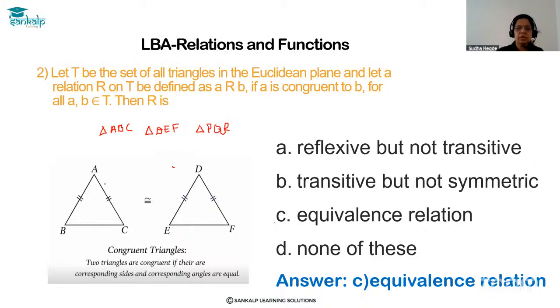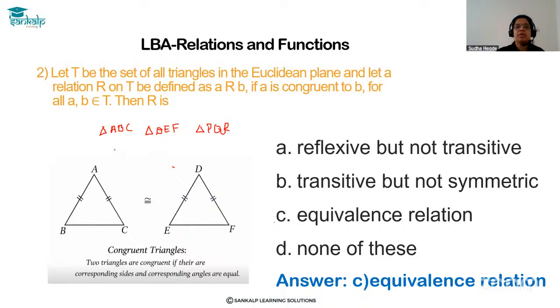So, what do you mean by congruent triangles? Suppose triangle ABC and PQR are congruent, then corresponding angles and sides of ABC must be equal to corresponding sides and angles of PQR.